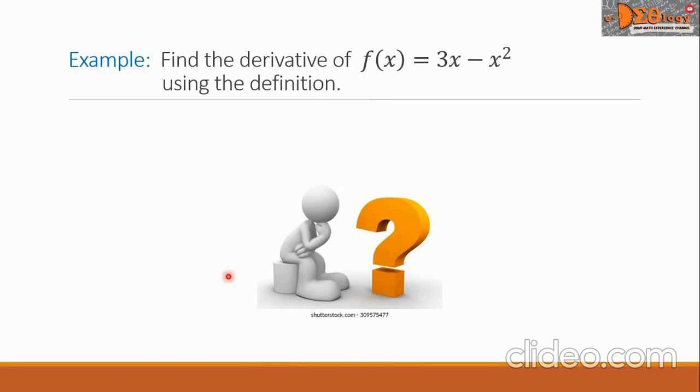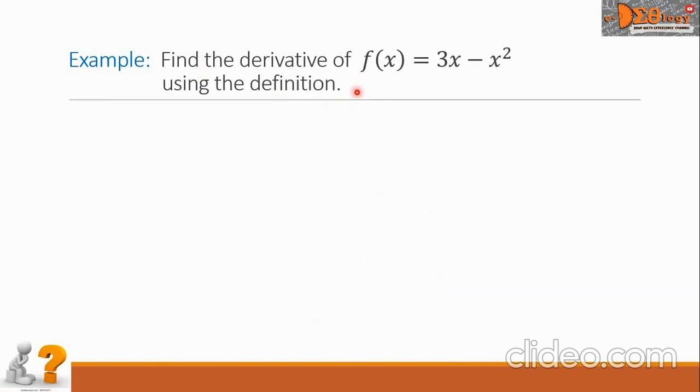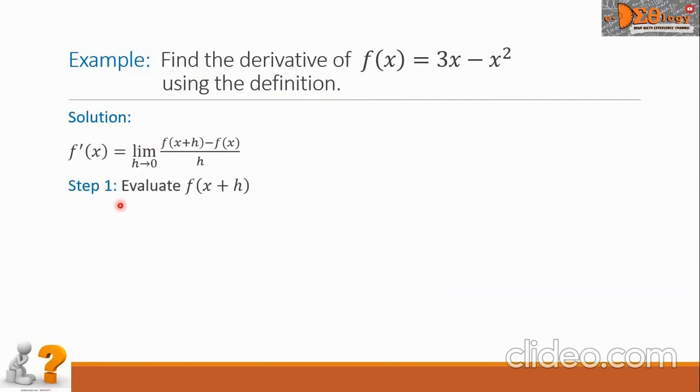Let us see this example. Find the derivative of f of x equals 3x minus x squared using the definition. For our solution, let us write our formula here. And let us have the step 1, and that is to evaluate the function f of x plus h.